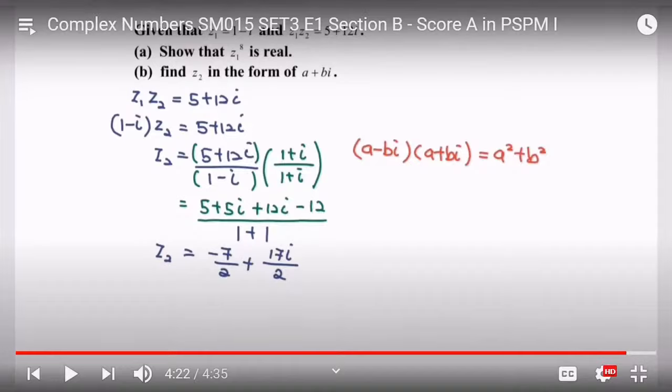Kemudian cari dia punya argument. So, check balik. Sekiranya you tak ada masalah, maksudnya dalam subtopic 1.2 complex number, you sudah okay. Dari segi asasnya you sudah okay. Cuma perlu teliti sahaja. Clear? So, ini adalah example 1 untuk section B. So sekarang kita akan pergi ke soalan yang seterusnya iaitu example 2 dalam section B.